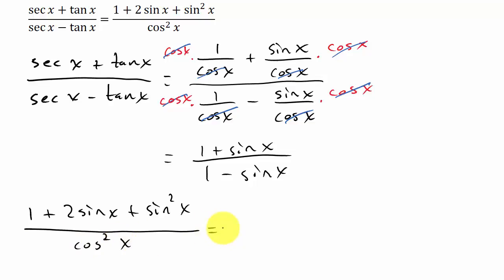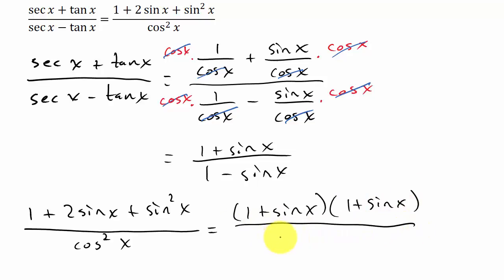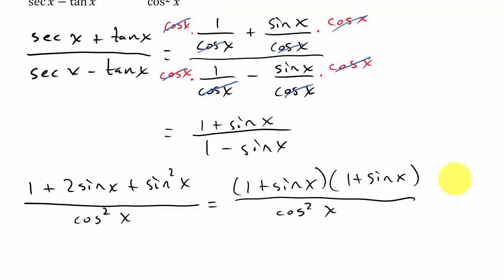And let's see what happens. Well, I notice that this will factor into 1 plus sine x times 1 plus sine x over cosine squared x.